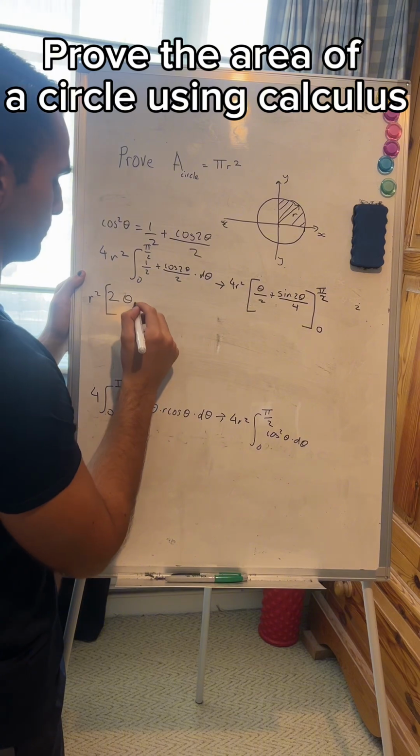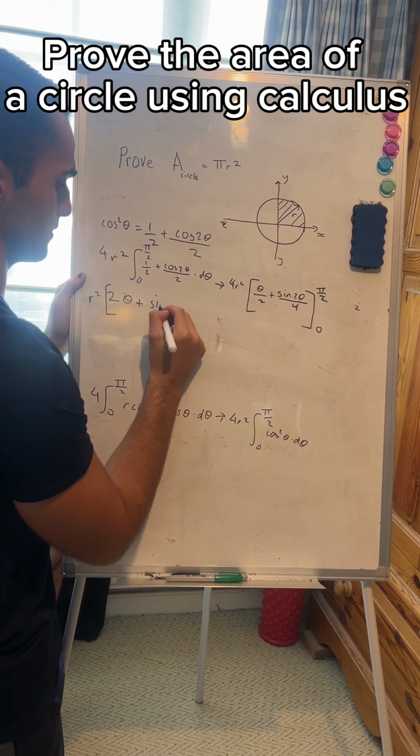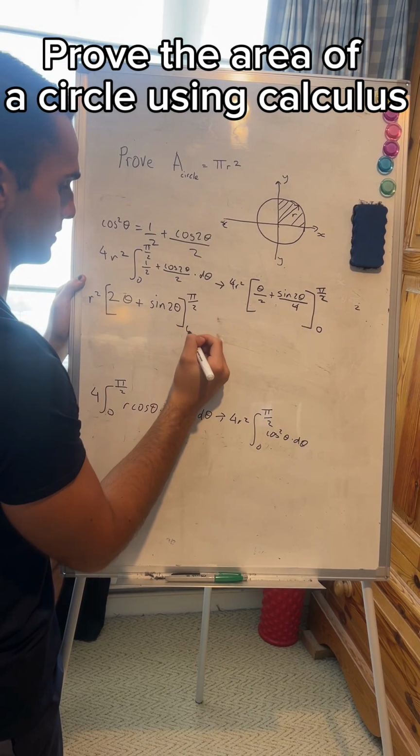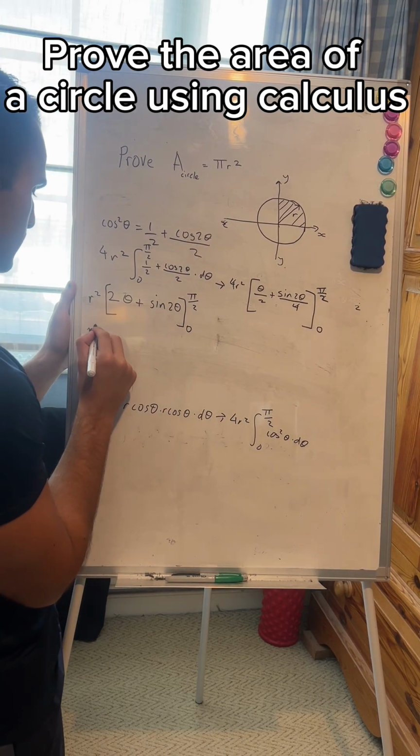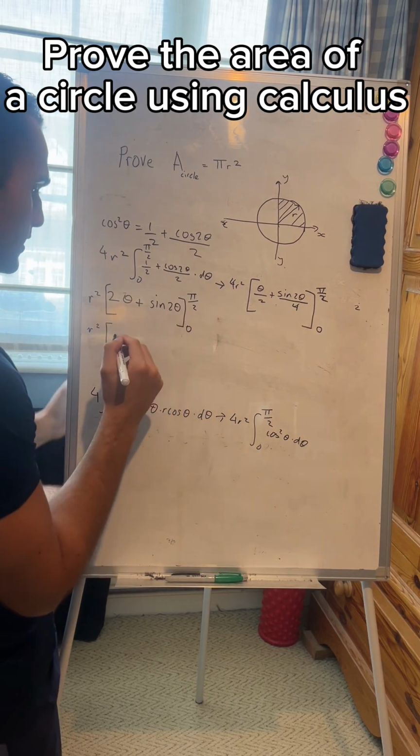Then the 4 cancels with the 4, plus sine 2 theta between 0 and pi over 2.